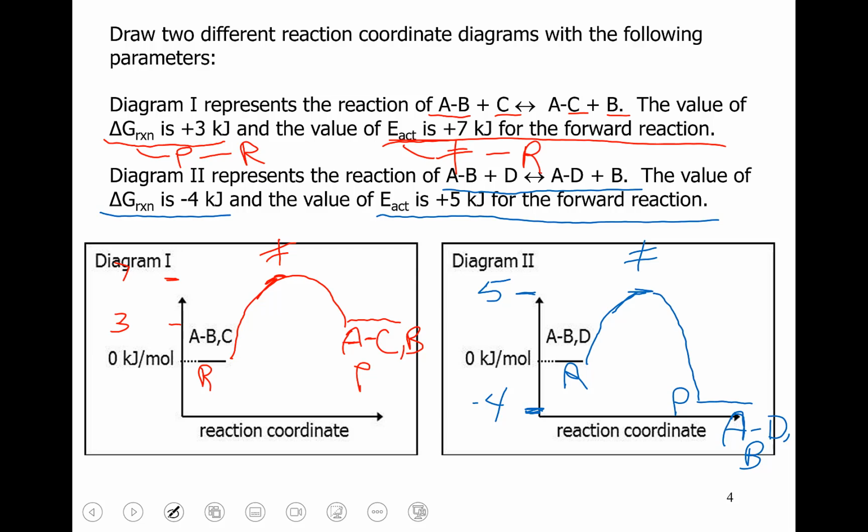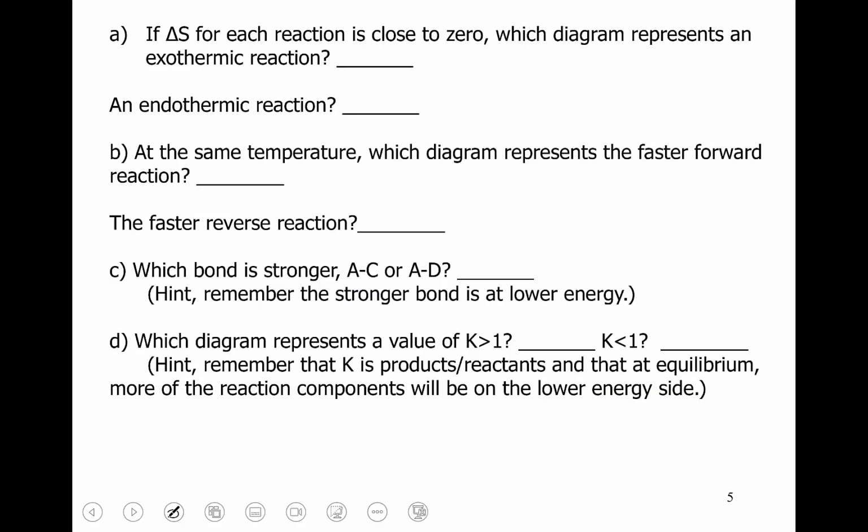Now we have some questions about our diagrams. The first one asks, if delta S for each reaction is close to 0, which diagram represents an exothermic reaction and an endothermic reaction?